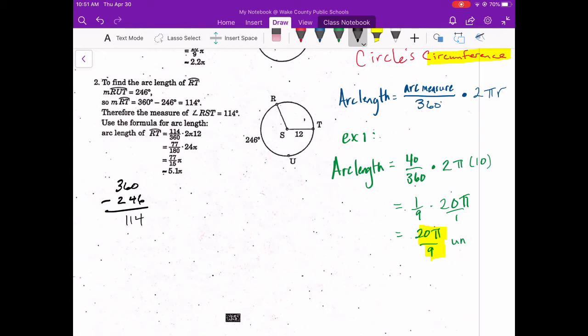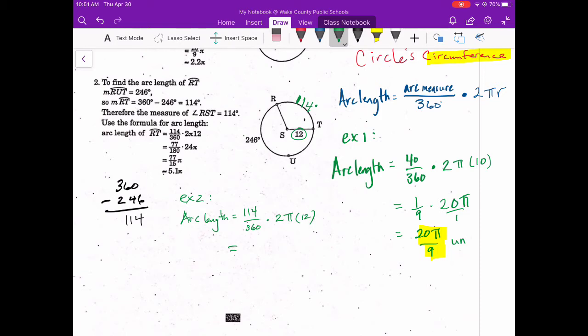So we could put that over here for our arc measure, 114 degrees, and then I'll use 12 as my radius. So for my example number 2, if I do arc length, this time the fraction is 114 out of 360 times 2 pi times 12, because that's our new radius. All right, and then you just simplify and multiply.